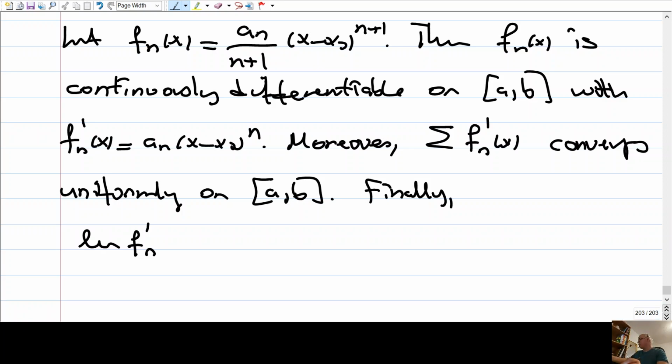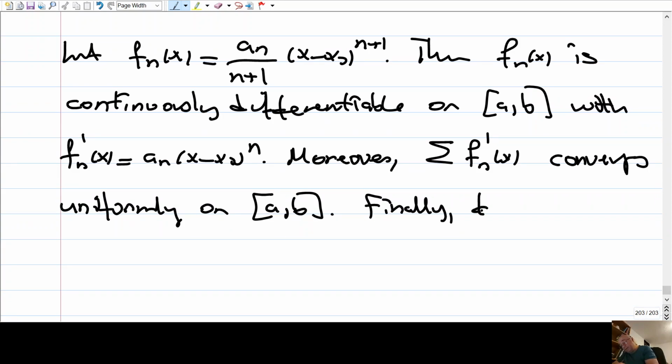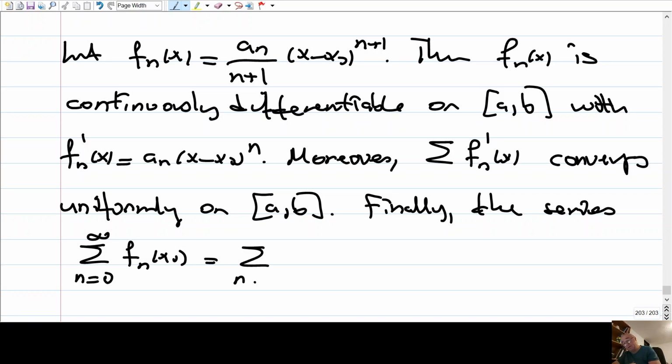Okay, what was the assumption? Yeah, okay, this one. Okay, so I want the series f_n(x0) at a single point. What is this? If I plug x0 here, of course, we get just 0, right? Is convergent.